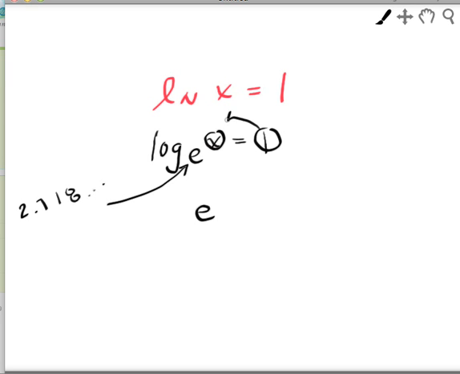They switch sides. The 1 goes from the right hand side of the equal sign to the left hand side, and the x goes from the left hand side to the right hand side of the equation. And so there is my translation and my little rule for rewriting logarithms as exponential equations. Now, e to the first is simply going to be e. So there's my answer. x is equal to e.